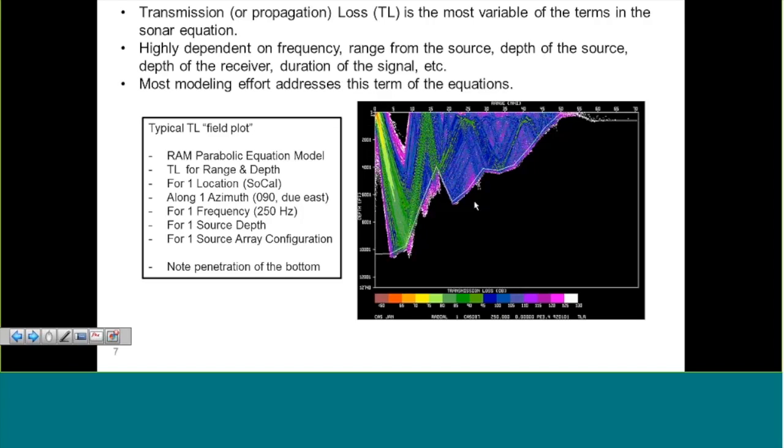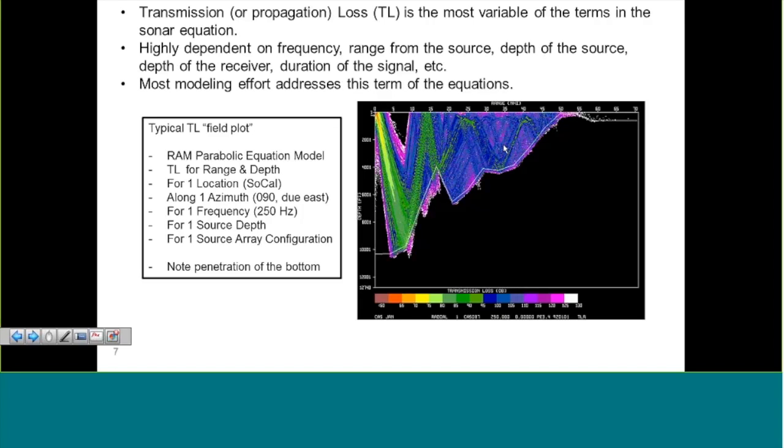I wanted to show you this, and this is what's typically called a field plot. It has a few other names, but on the x-axis, it's range as you move into shore, and on the y-axis, it's depth. So even though you have a source that is near the surface and very loud, you can be fairly close to the surface, in this black area, and not hear it even as well as you could 50 miles away, even though you're 5 miles away, because of the way the sound propagates through the water.